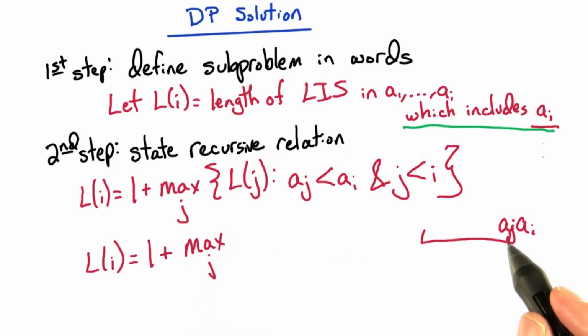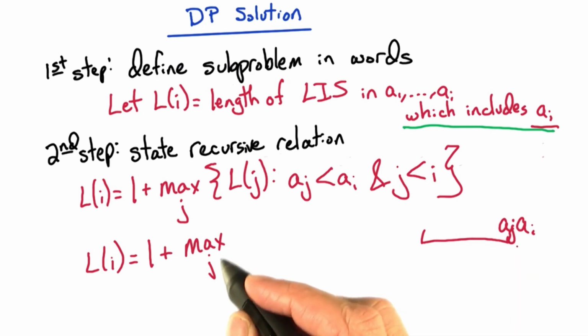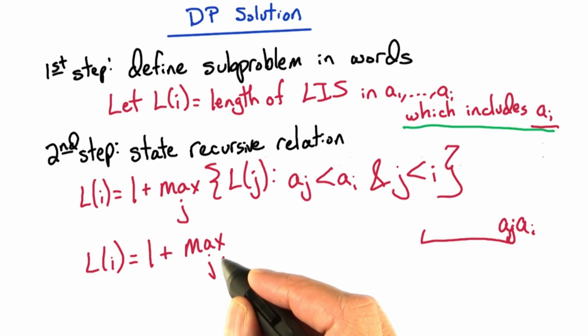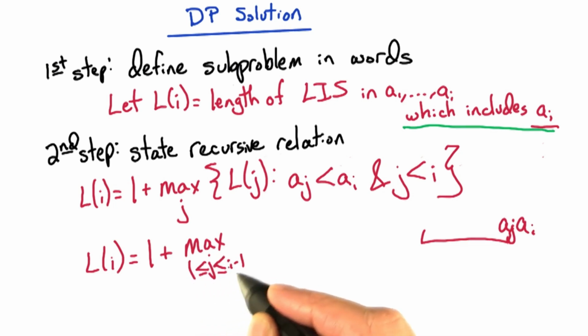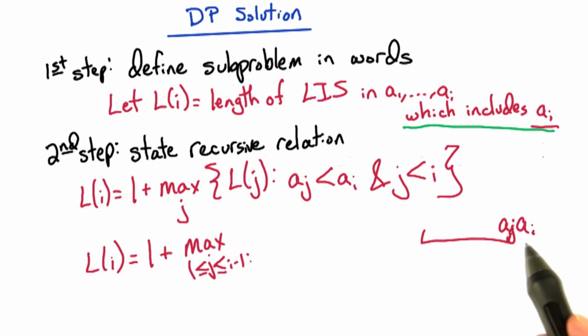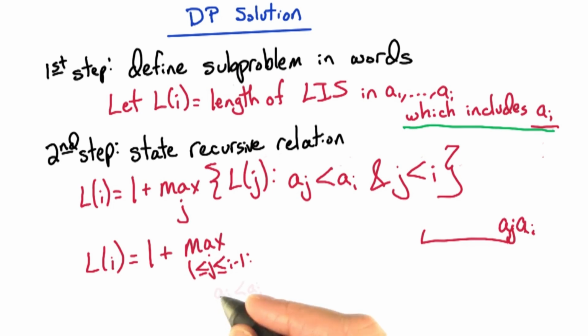Now we need that index J is earlier in the input array. So we're going to try J's between I minus 1 and 1. And we only want to try J's where AJ is strictly smaller than AI. So we're doing a max over J. J is the variable that we're varying.